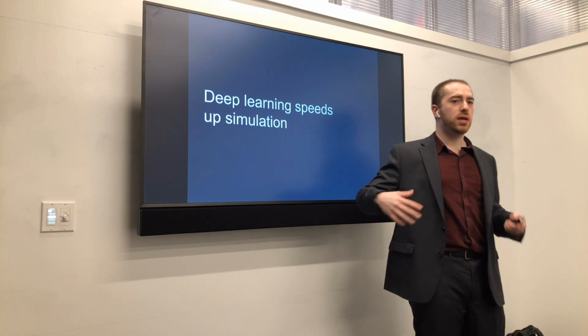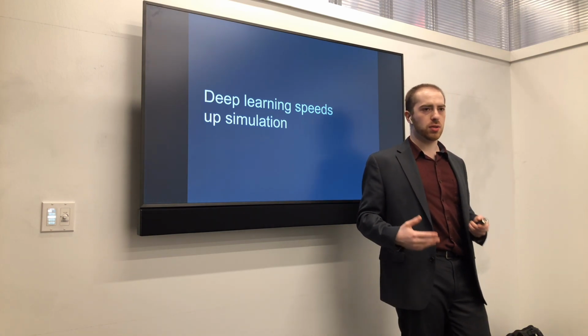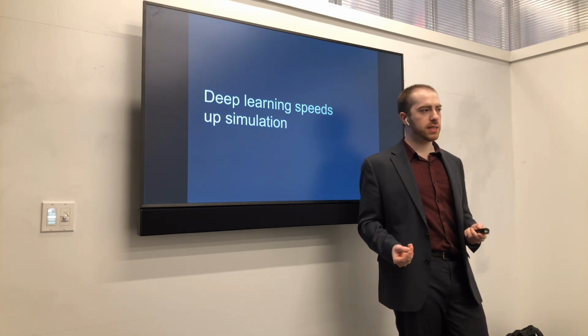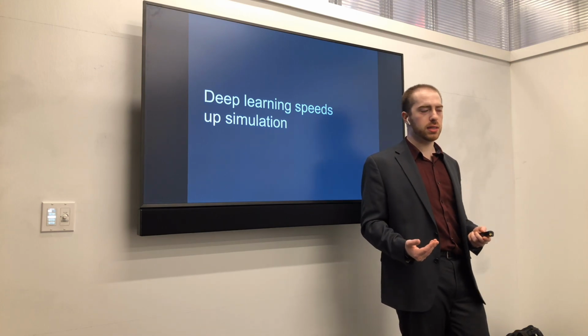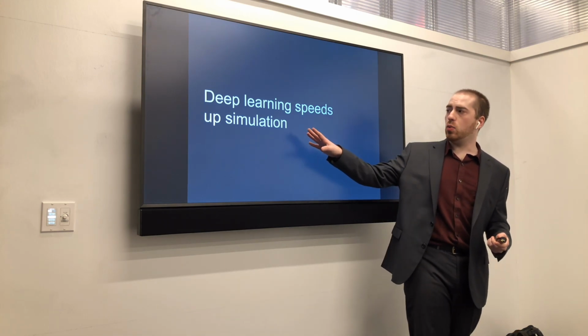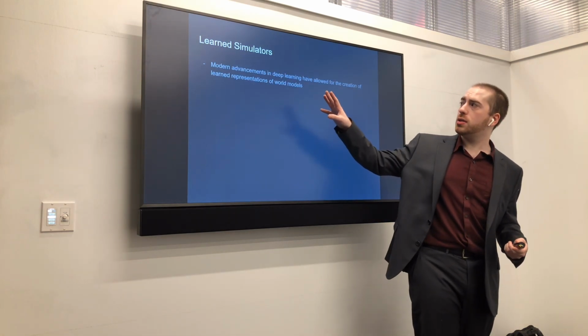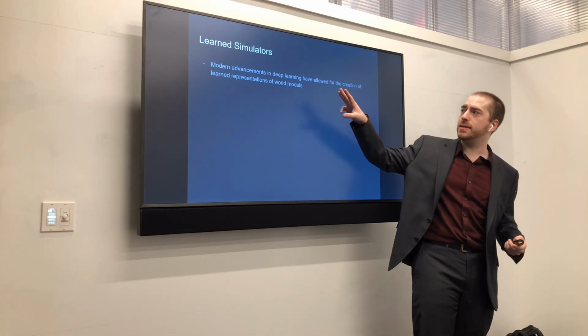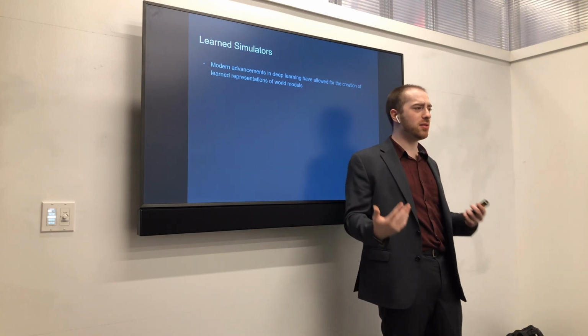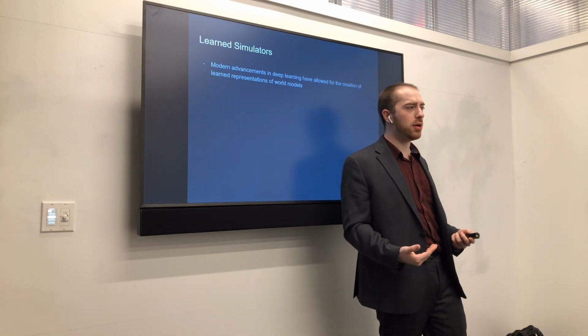I want to talk about how we can use deep learning to speed up simulation. So a lot of these simulators, they're using heuristic methods. There's a bit of a slowdown in the simulation. And we want to actually speed up. We want to make it go faster. So learned simulators have this deep learning advancement. There's a lot of high-level APIs for doing deep learning now.